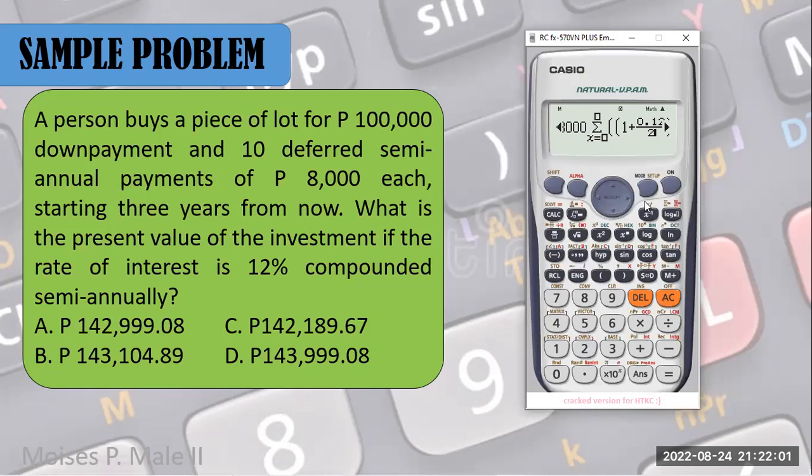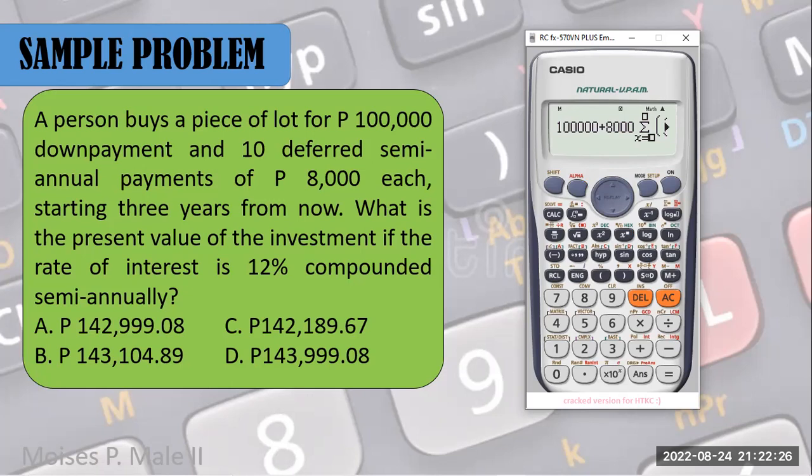Sinabing semi-annually, this is 2. Okay. Then present rate is negative x, raised to negative x. Okay. Tapos start tayo sa, yes, starting lang, no? So, mag-start siya 3 years from now. So, therefore, how many periods yan?